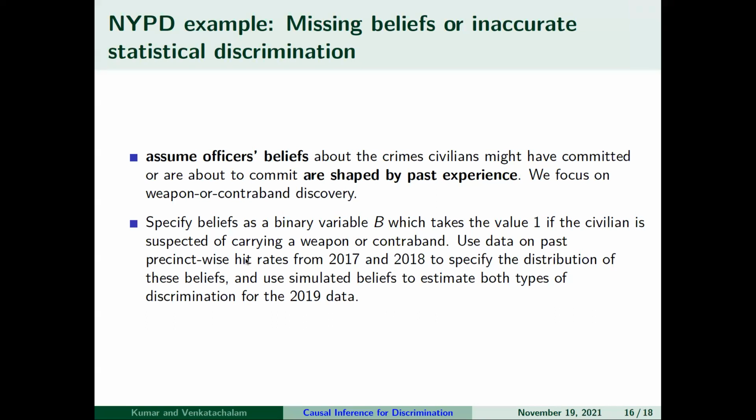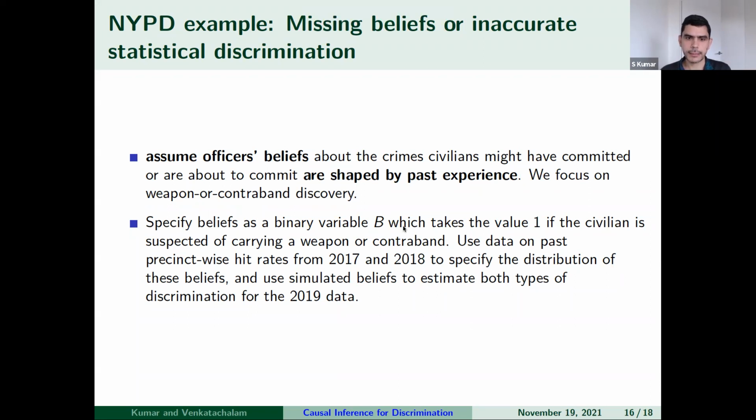So we're going to assume officers' beliefs are grounded, empirically defined by historical experience, shaped by past experience. In this talk, I'm focusing on weapon or contraband discovery. In the paper, we look at these separately as well. We're going to specify beliefs as a binary variable B, which is 1 if we think the civilian is carrying a weapon or contraband, suspicion.